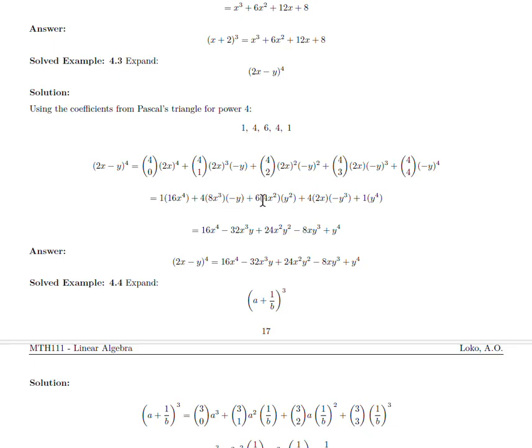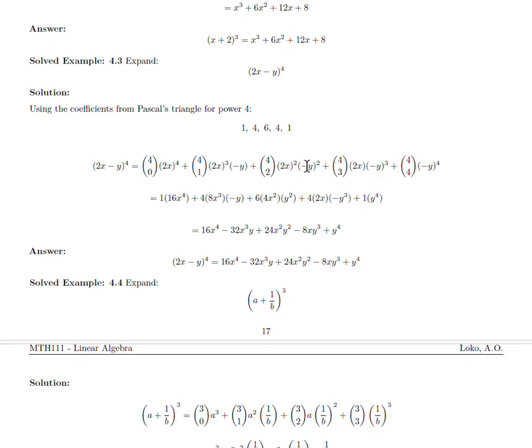We'll move to the next term. For combination 2 will be 6, 2 raised to power 2, 4, x raised to power 2, then minus y raised to power 2. Sorry, there's supposed to be minus here, although it will still become plus at the end of the day, because minus y squared is still y squared, right?